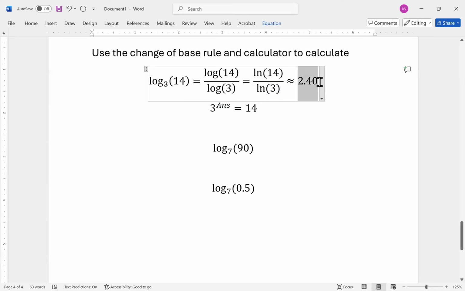Again, not the rounded version, but the specific unrounded version would give me 14. So that's how I can use my change of base rule with my calculator to calculate log with any base and of any number. And this is really nice because normally I don't know what power to raise 3 to give me a 14.